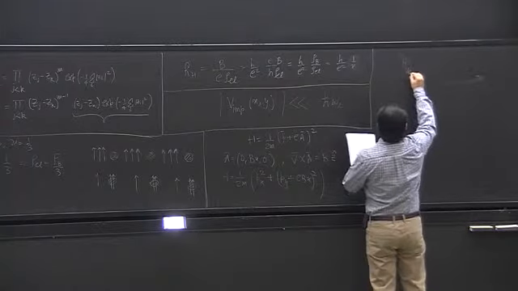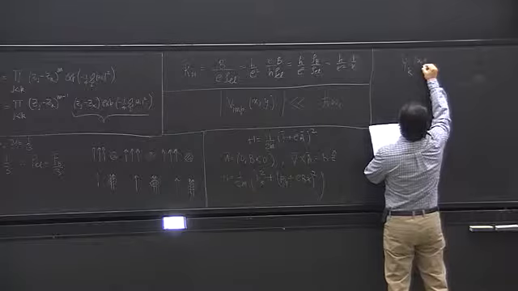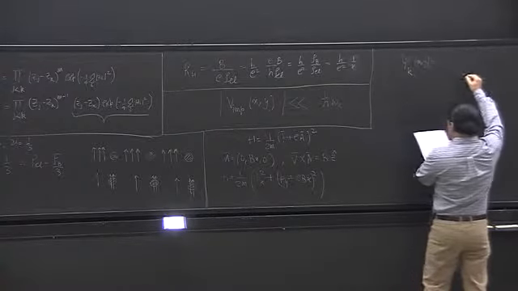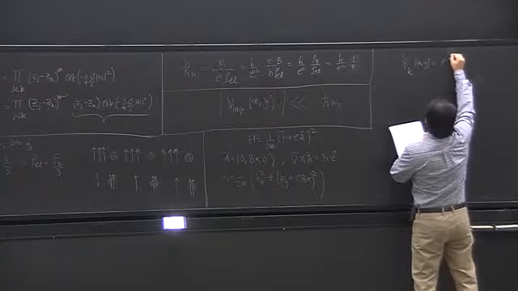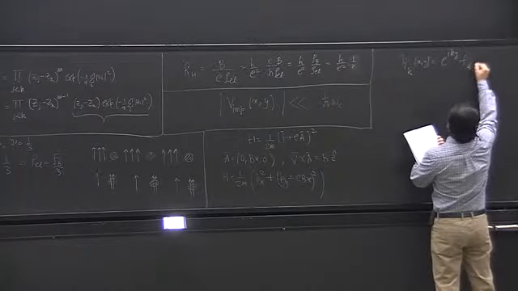You can label them with k, where k is the momentum in the y direction, e to the power iky, and some function f_k of x.